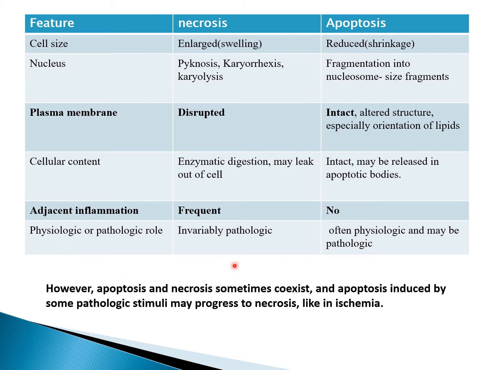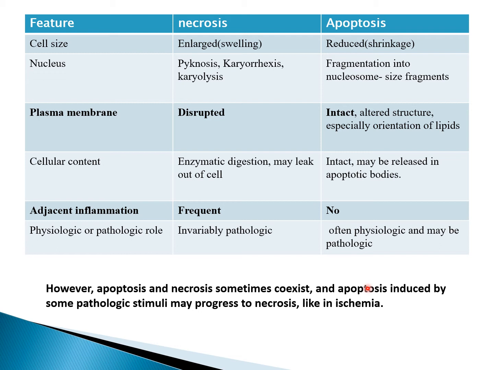Sometimes in certain conditions, apoptosis and necrosis can coexist, and we call it necroptosis. Apoptosis induced by some pathologic stimuli may progress to necrosis, for example, in ischemia. At the beginning of ischemia, the cells will sense the loss of oxygen, loss of growth factor supplies, so the cells will start to choose to die by apoptosis.